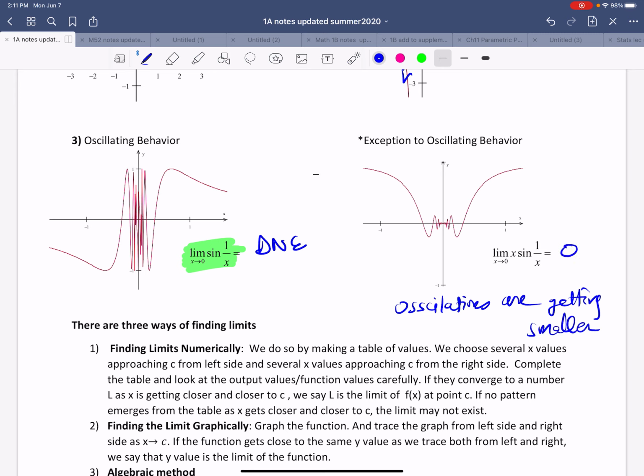So this limit is going to be zero. As I'm getting really close to zero, the y value is approaching zero because the oscillations are getting smaller and smaller.